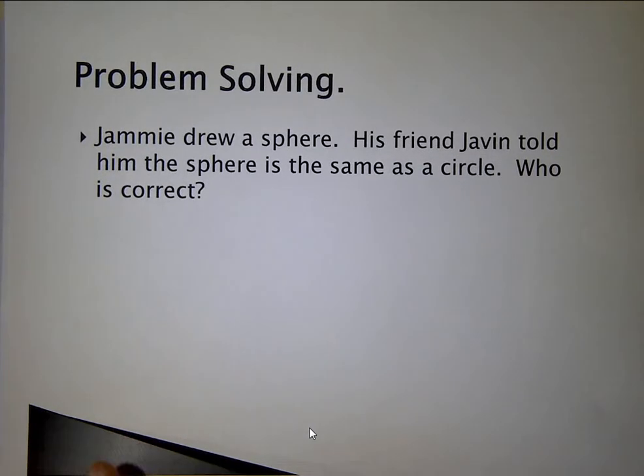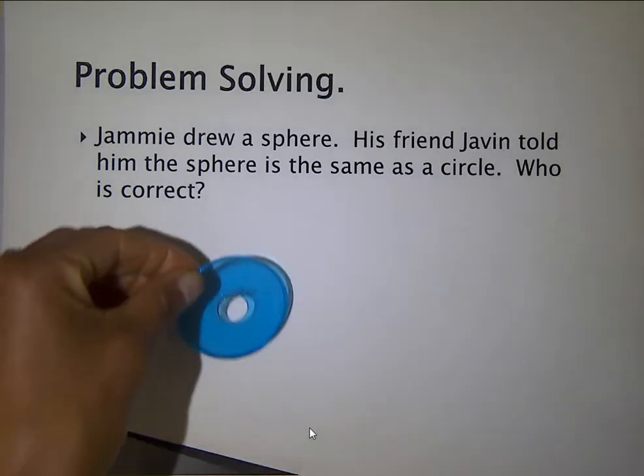Jamie drew a sphere. His friend Jabin told him the sphere is the same as a circle. Who is correct? Here I have a circle.